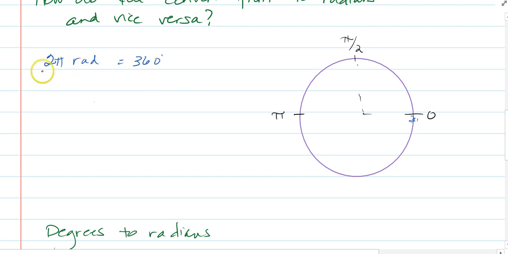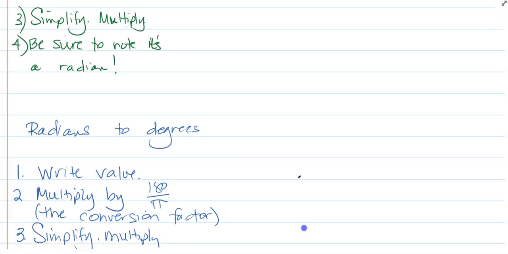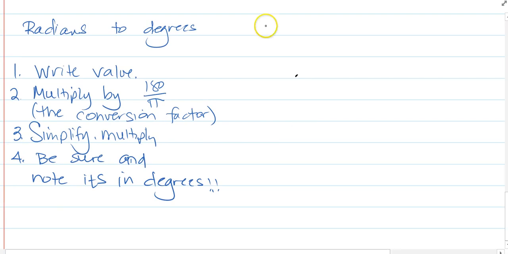Now let's do 1 radian by dividing by 2 pi on both sides and isolating the word radian. So let's see, 360 divided by 2 is 180, over pi. Well, that makes sense. If I go from degrees to radians by multiplying by pi over 180, then I do 180 over pi to go from radians to degrees. So that's going to be my unit factor.